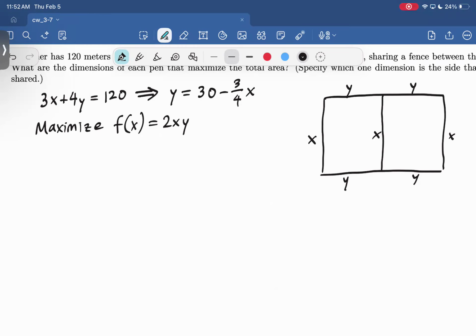Any questions? And so the thing that we're trying to maximize is 2x times y, which is 30 minus 3/4 x. And if we expand this, we'll get 60x minus 3/2 x squared.